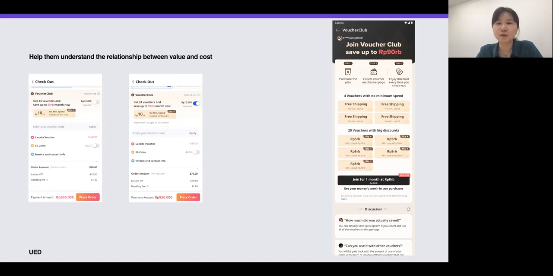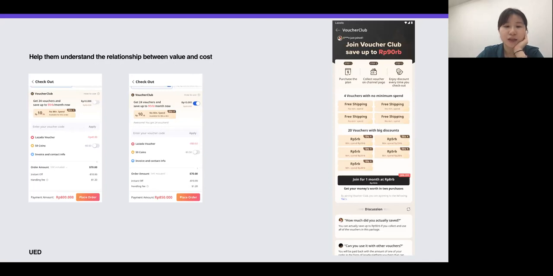We're still improving our next iterations, but this is our current online version, which is already being upgraded. On the left side, when we show it while the customer is checking out, we have this little mechanism where you toggle it on, and then you're able to see how that price gets deducted right away in your purchase.